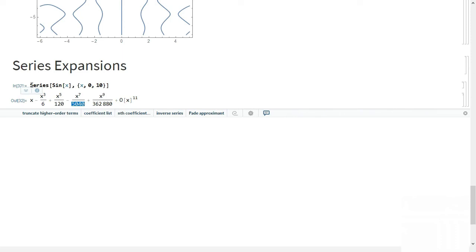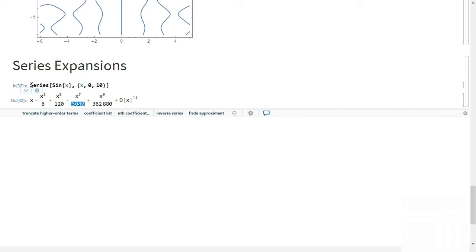Sometimes while solving a problem you might come across a special function, and to get some interesting solutions you have to look at the asymptotic expansions or the series expansion of that function. So in those cases this Series command will be very helpful.